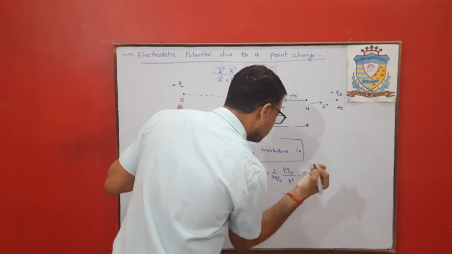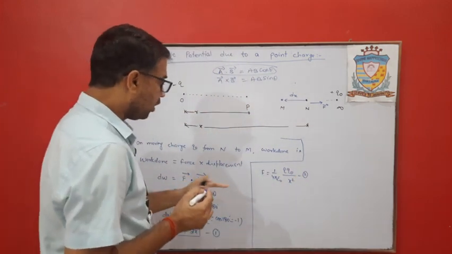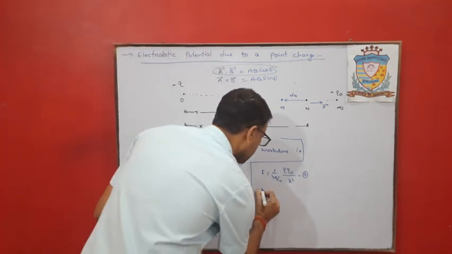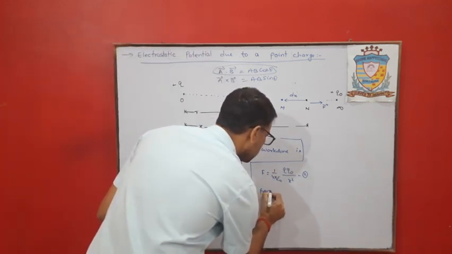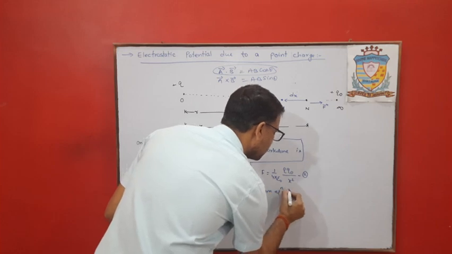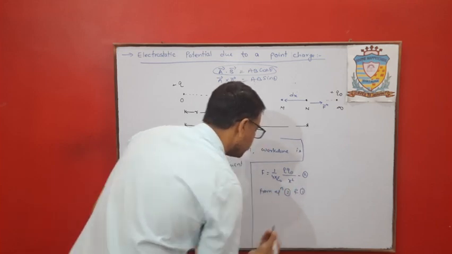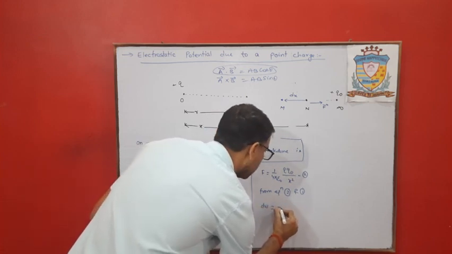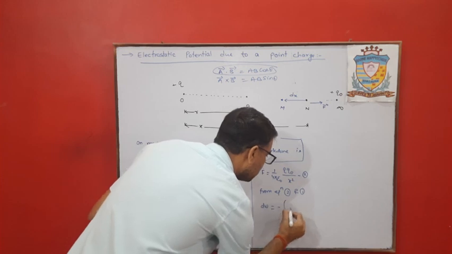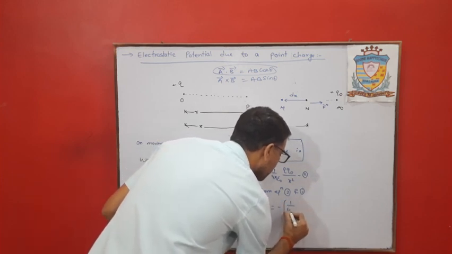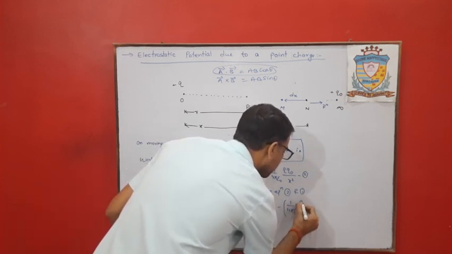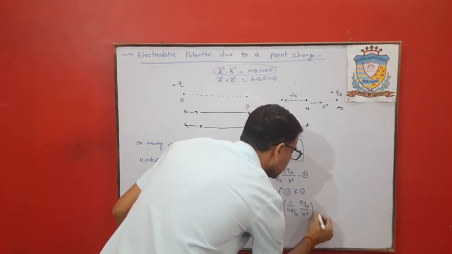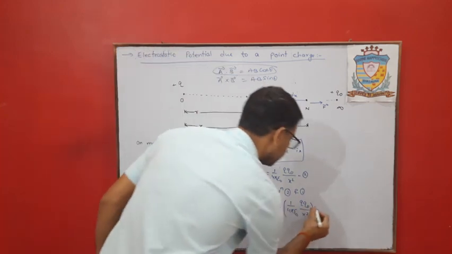Let this be our equation number 2. Now put the value from equation 2 in equation 1. So dW is equal to minus 1 upon 4 pi epsilon naught, q q naught upon x squared, into dx.